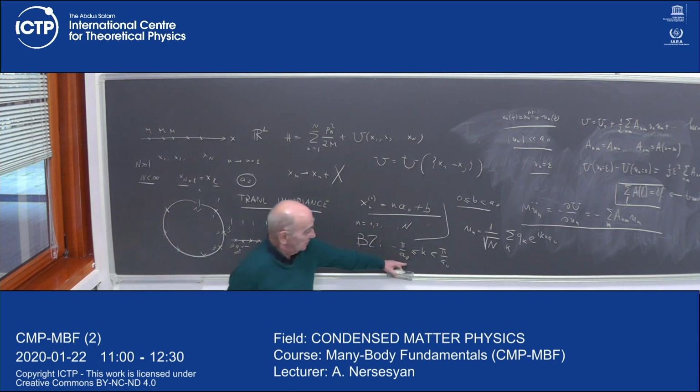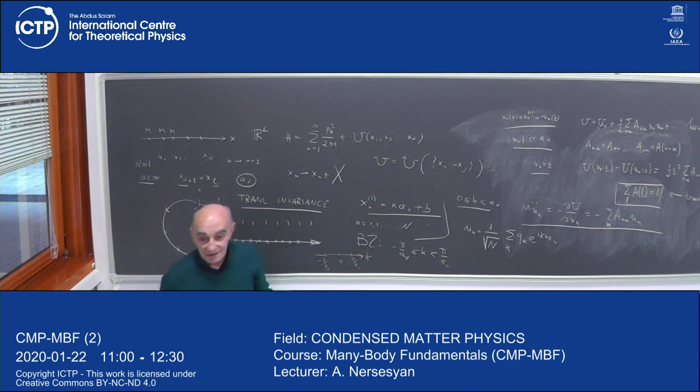This is also, by the way, a closed manifold. The endpoints are glued together. It's not just the interval k, from minus pi over a naught to pi over a naught; in fact, these two points are equivalent, and they're glued together. So the Brillouin zone is a circle, in fact. It's a topological manifold.